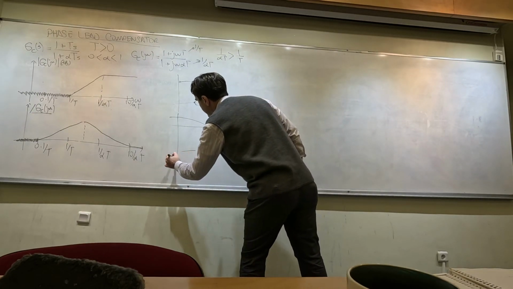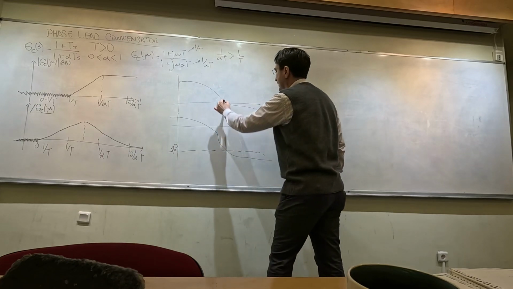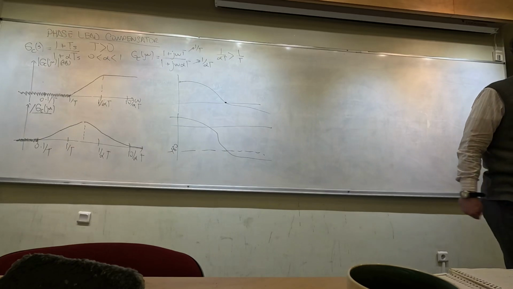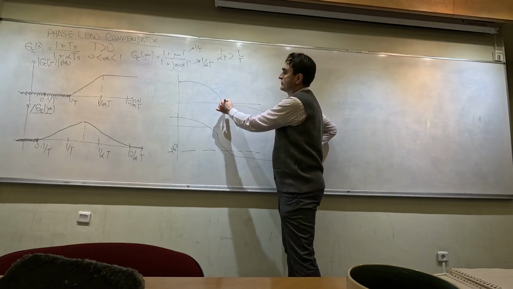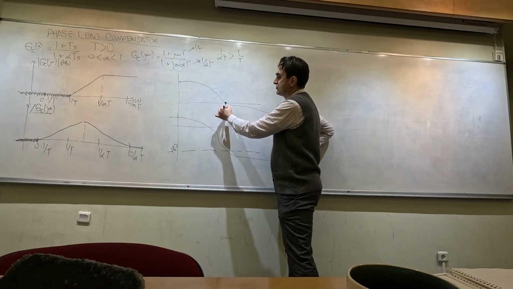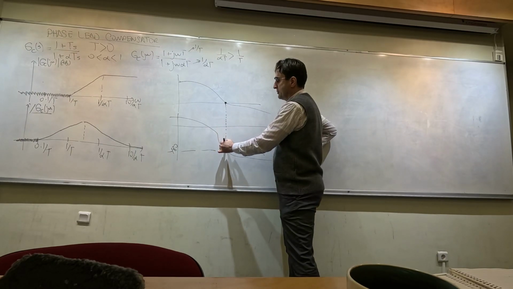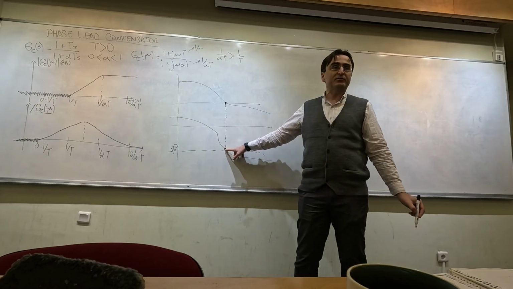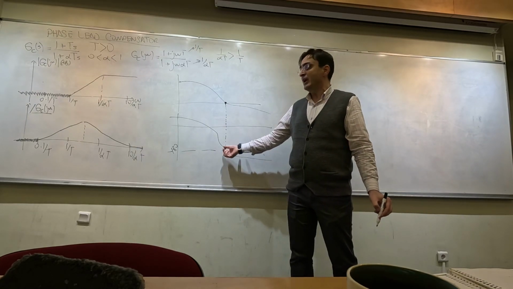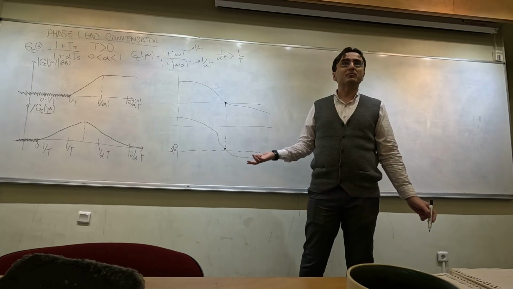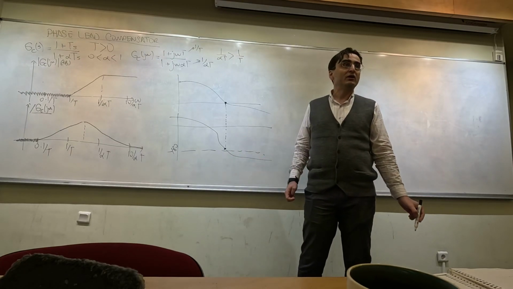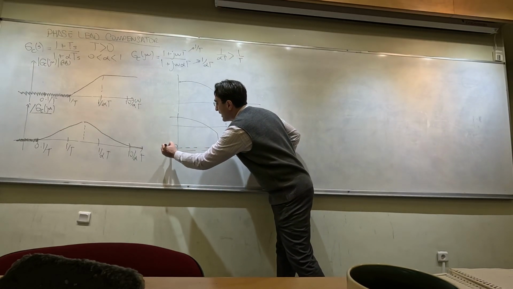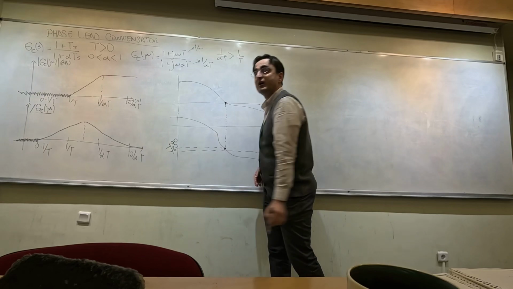Here is my minus 180 degrees, and this point is our gain crossover frequency. Gain crossover frequency is the frequency at which gain crosses the value 1 or 0 dB. I'm going to look at what the phase is at that frequency, and that phase plus 180 is going to be my phase margin for the system. Okay, so here let us say the phase is at minus 170 degrees.